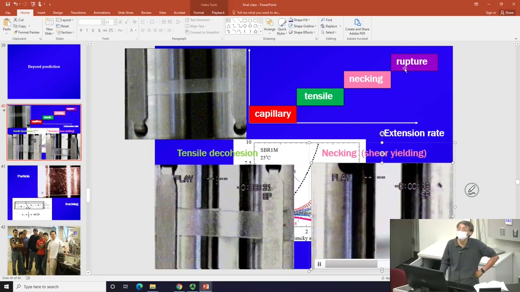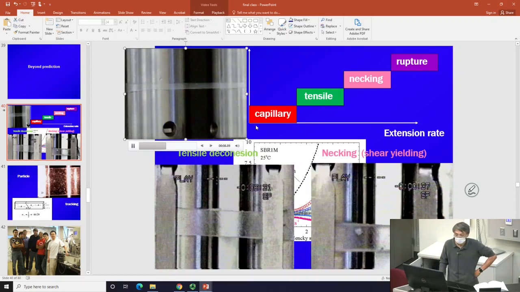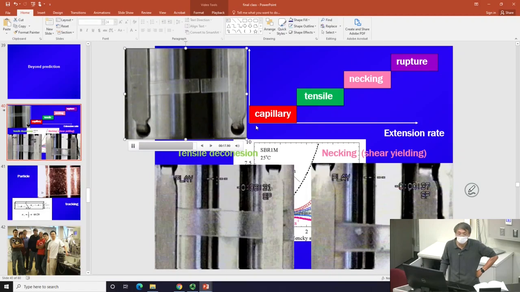But when you go to region 4, where you stretch even faster, remember, faster or not, it's just a matter of Wi, right? So here, I switch to a different material, which is a material with a higher tau, so that the Wi is much larger, even though my stretching is not necessarily higher. Look at this one. Okay? What do you see as being different?